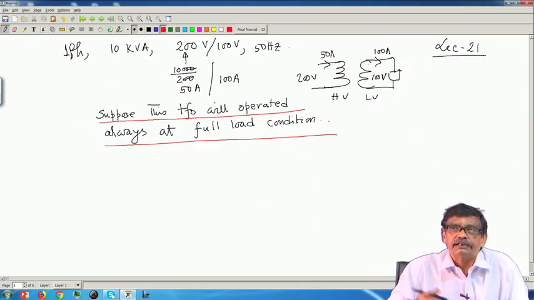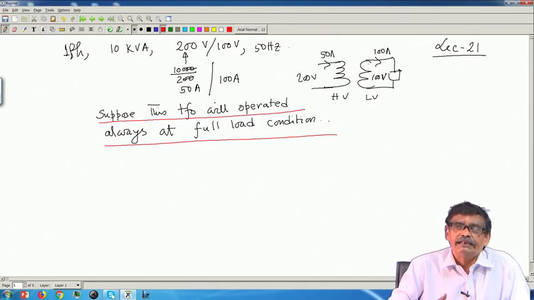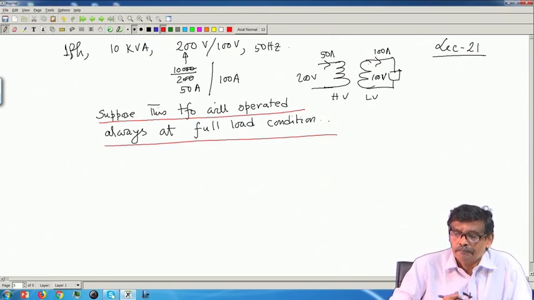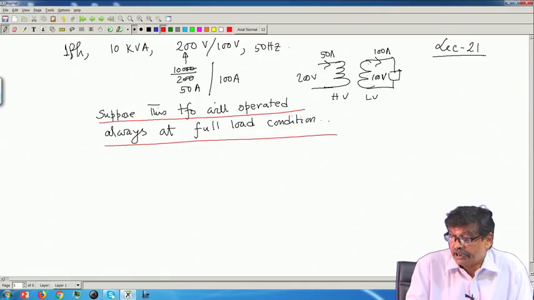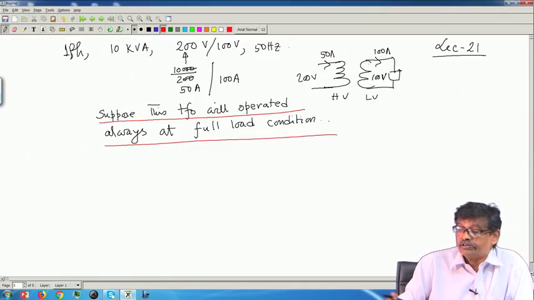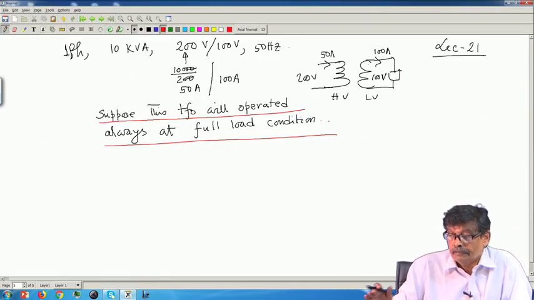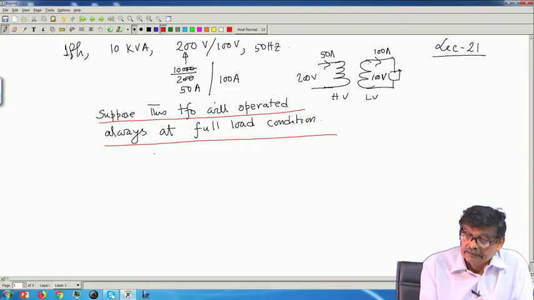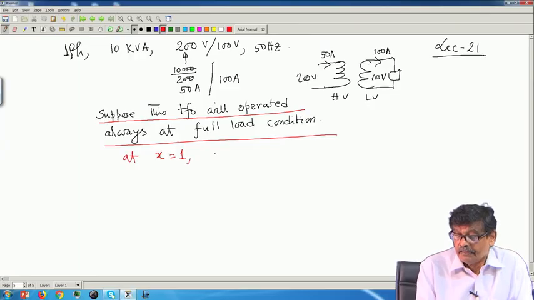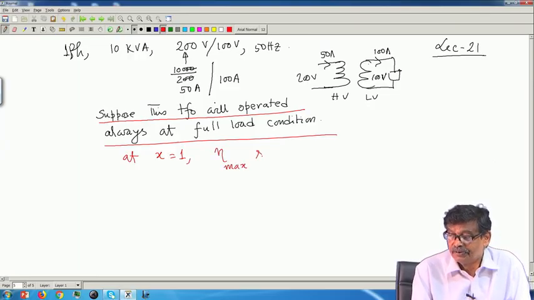That is the question naturally I should ask, and the answer is very simple. If you know this transformer will be operated continuously at full load condition, then at x equal to 1, eta max should occur, is it not?